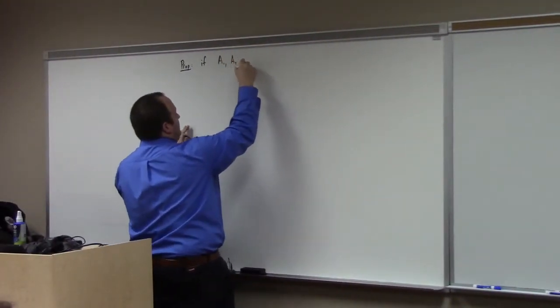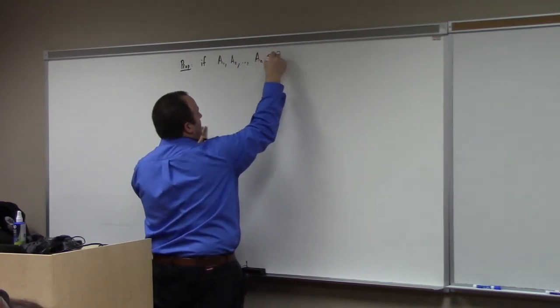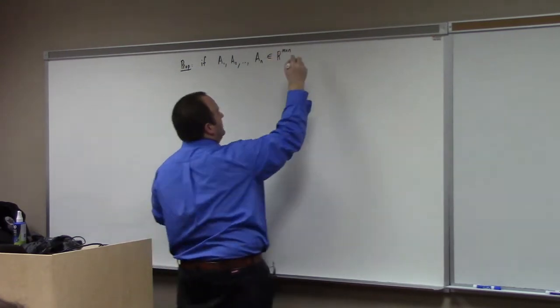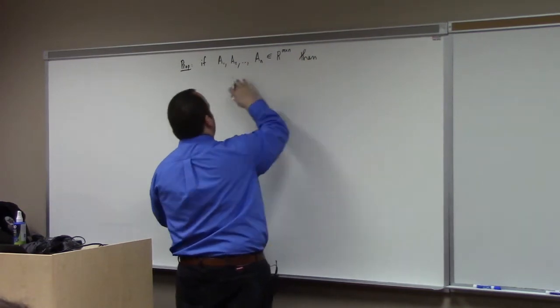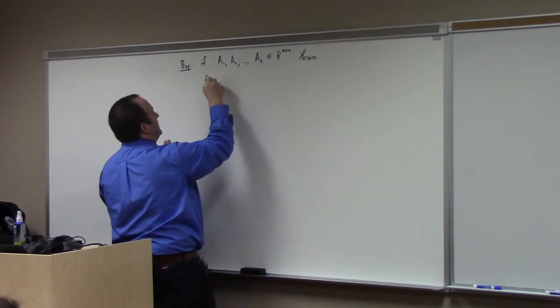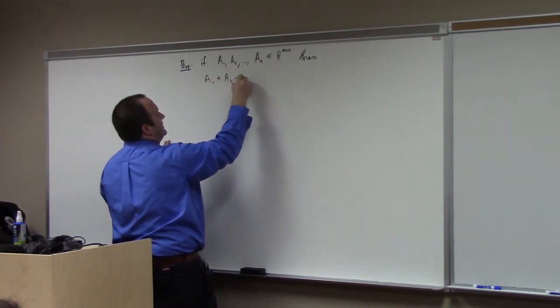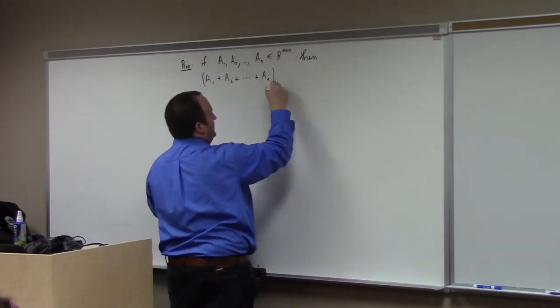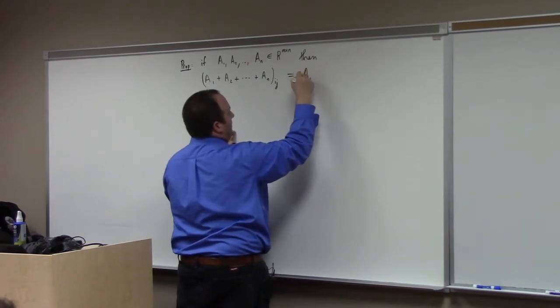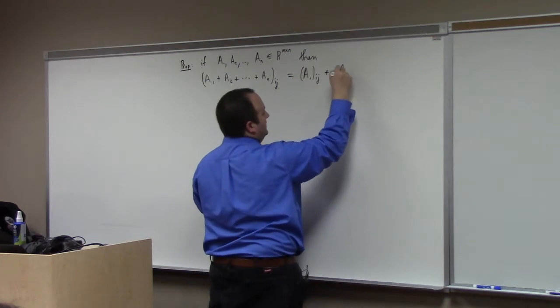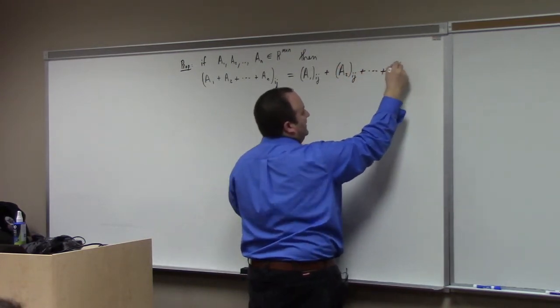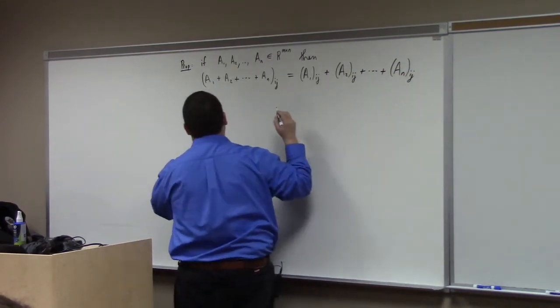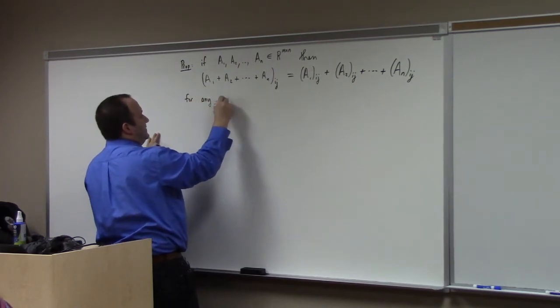I mentioned that this proposition would be a reasonable test question: if A1, A2, ..., AN are in R^(M by N), so these are matrices, then (A1 + A2 + ... + AN)_ij is just equal to (A1)_ij + (A2)_ij + ... + (AN)_ij, and that's for any n in the natural numbers.